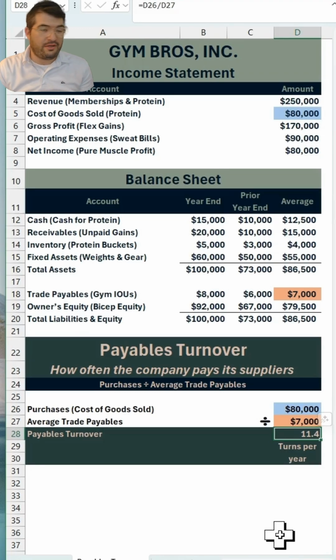If it's moving upwards, that could tell you, hey, you're paying faster, you have more liquidity, you're able to pay your bills faster. It could also mean that you're not taking advantage of the available terms that you have with your vendors. You could be paying a lot slower and keeping more liquidity to yourself, but instead you're paying it quickly.